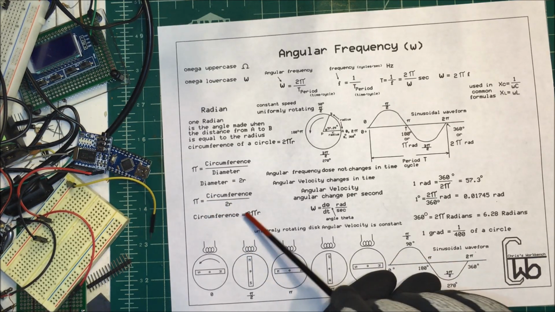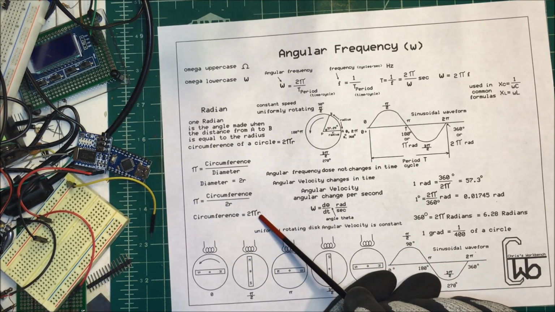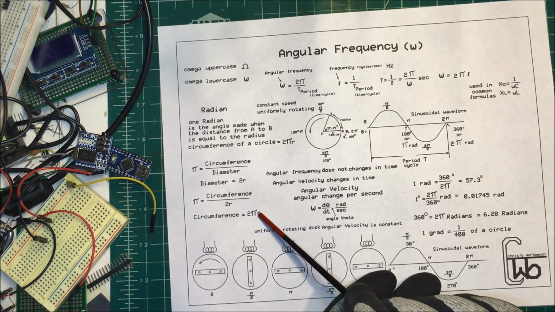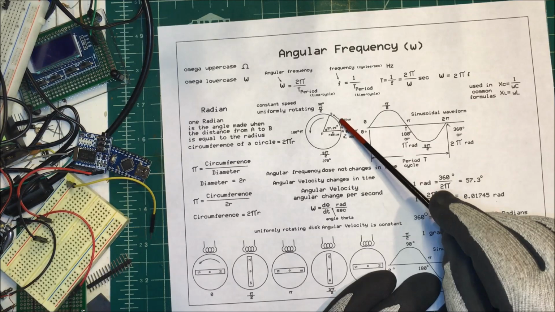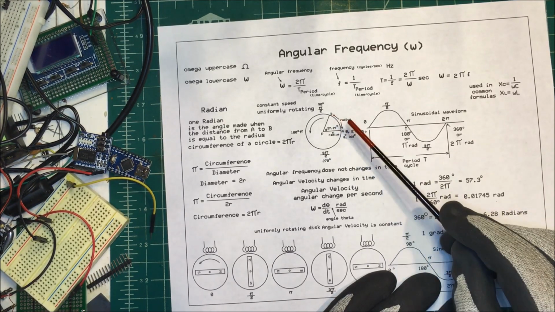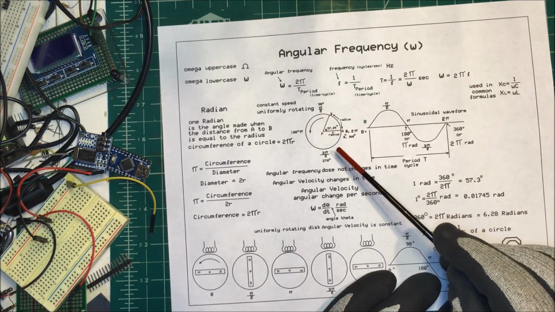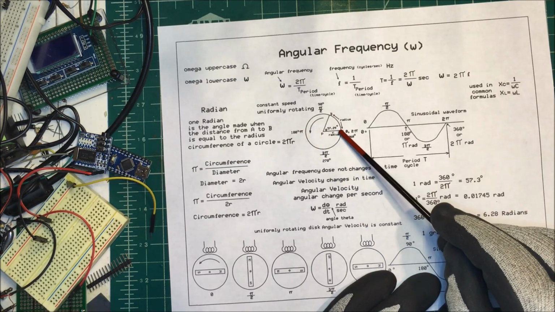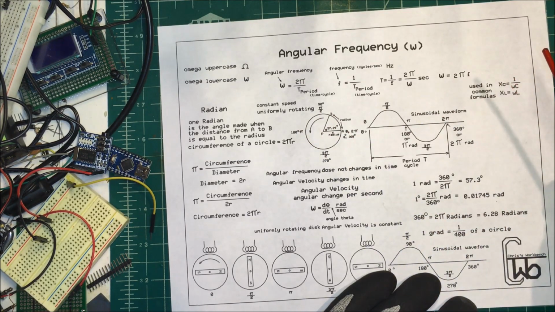And the circumference is equal to 2 pi times r. So 2 pi is going to be 6.28 times the radius. And this happens to be the same distance as a radius. So there's going to be 2 pi radians in a circle. So 6.28 radians in one circle. Okay.